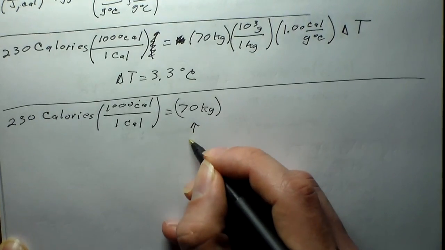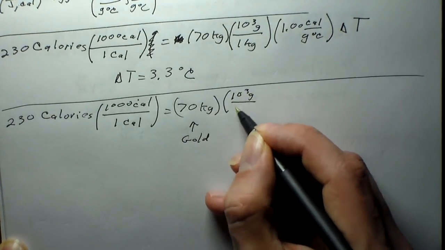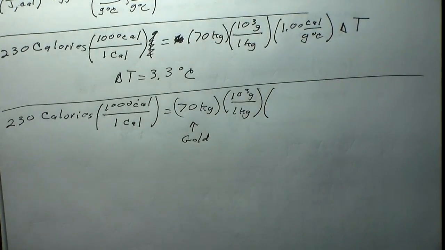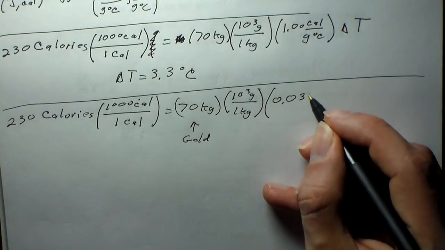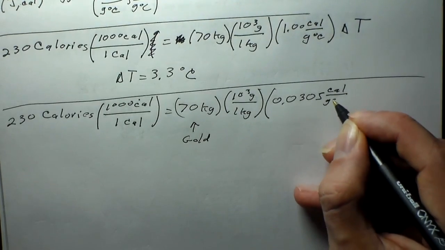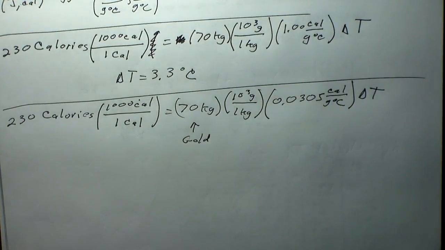And then that's going to be 10 to the third grams per kilogram. And then for gold, this is going to be 0.0305 calories per gram degree Celsius times my change in temperature.